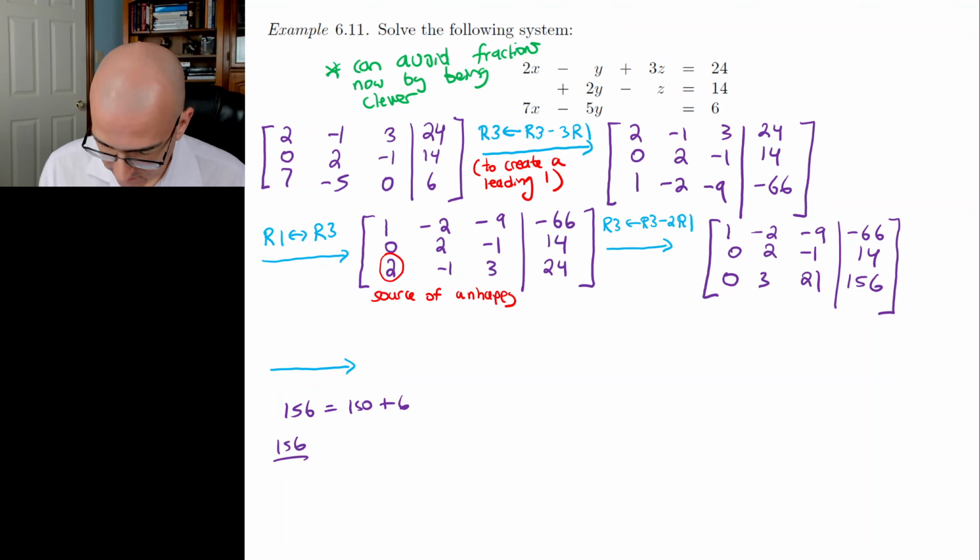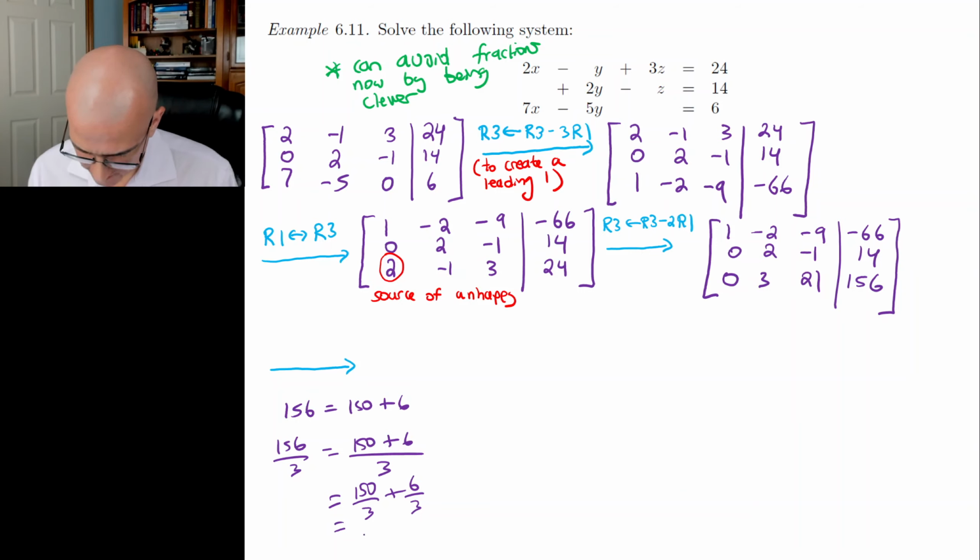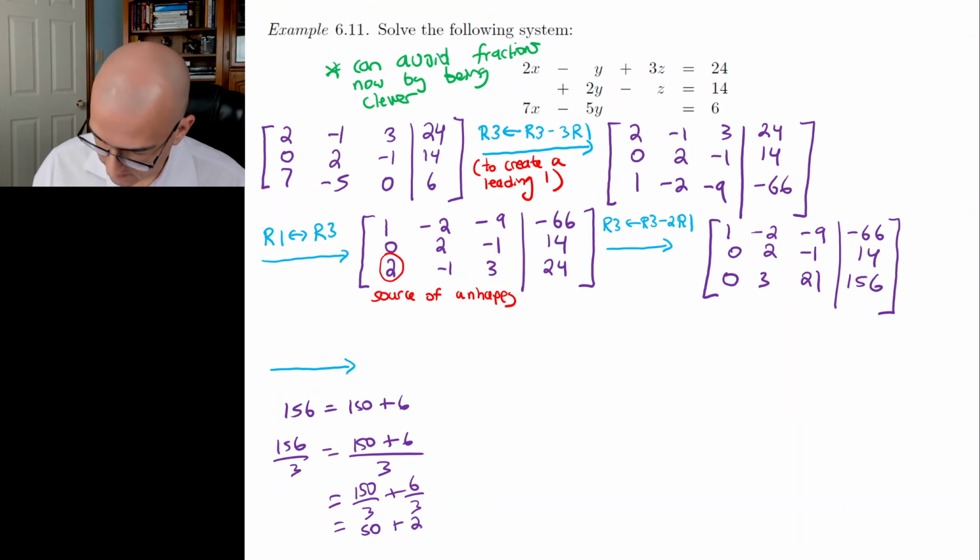So 156 over 3 is equal to 150 plus 6 divided by 3, which is 150 over 3 plus 6 over 3. 150 divided by 3 is 50. 6 divided by 3 is 2, so this is 52. So row 3 we're going to replace by row 3 divided by 3.